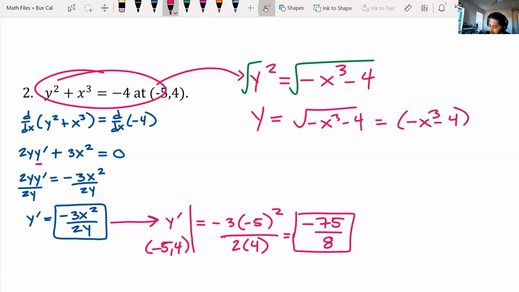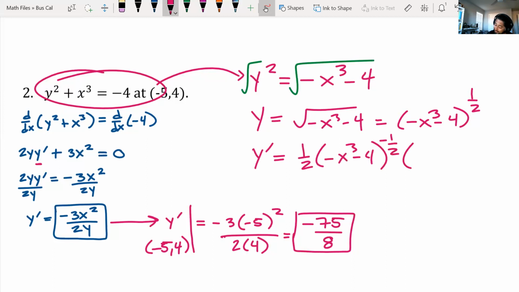And now we take the derivative of it, but first we would have to rewrite it as negative x cubed minus 4 to the 1/2, which means if you take the derivative of that, you'll get 1/2 times negative x cubed minus 4 to the negative 1/2 times the derivative of the inside.